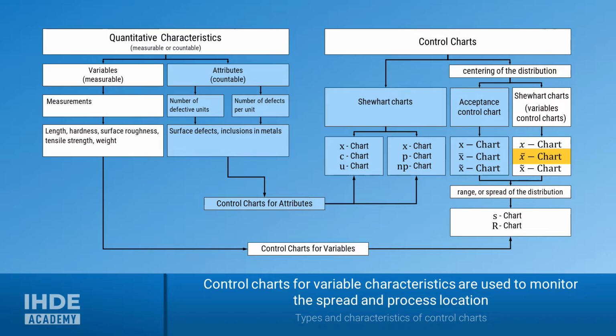These are also called Shewhart charts, named after American Walter Andrew Shewhart. As you can see, there are 3 control charts for monitoring the process location and 2 control charts for monitoring the spread. The average chart is one of the location charts.